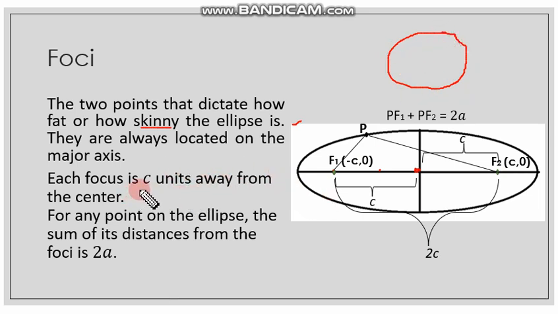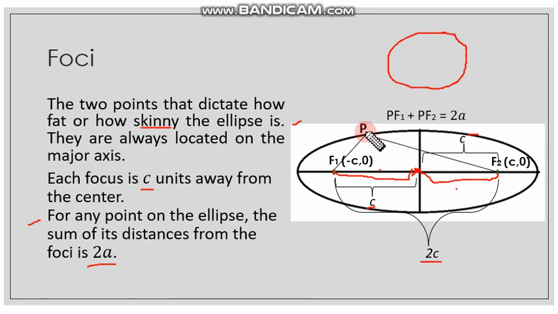So each focus is C units away from the center. From this segment up to this segment, that is C units. And also from this segment to this segment, that's also C units. So together from focus 1 to focus 2, that's 2C. For any point on the ellipse, the sum of its distances from the foci is 2A.